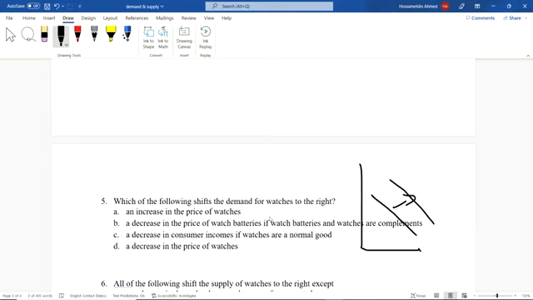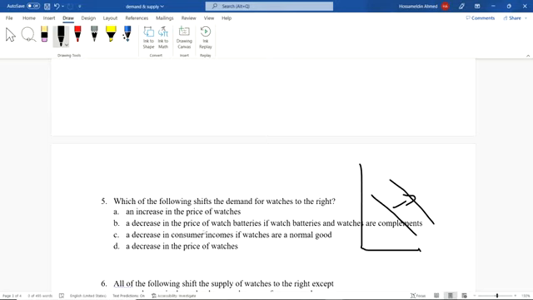If one of the items included in such a package has its price decreased, then the whole package price is decreasing. So the demand for such a package will increase, which includes watches.